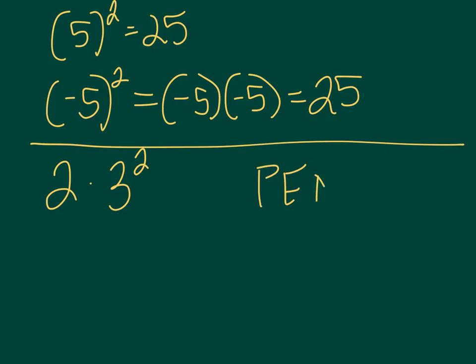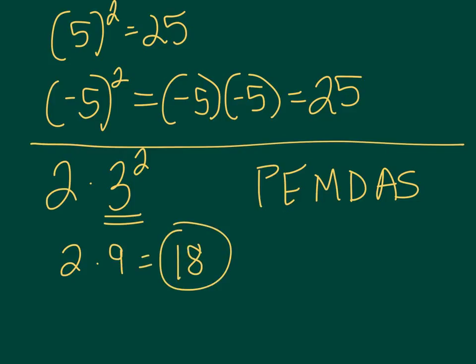Exponents and then multiply. So you have to take care of this exponent first instead of doing 2 times 3 first. You end up with 2 times 3 squared, which is 9. You have a final value of 18. So just a couple points that I wanted to make, because these are very common mistakes made by students.